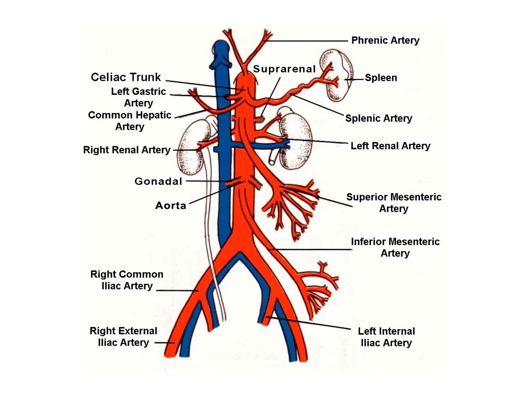Here you can see the inferior phrenic, the first branch of the abdominal aorta, suprarenal and renal, and also gonadal arteries, and then superior mesenteric artery, inferior mesenteric, and the common iliac artery divided into left and right.